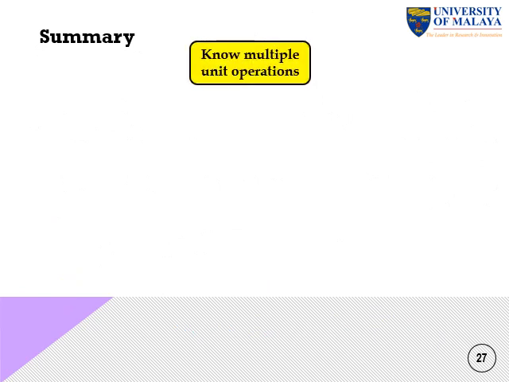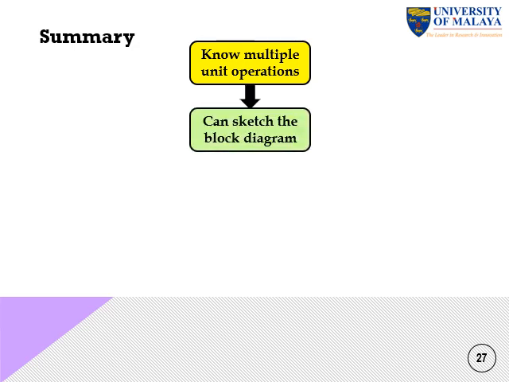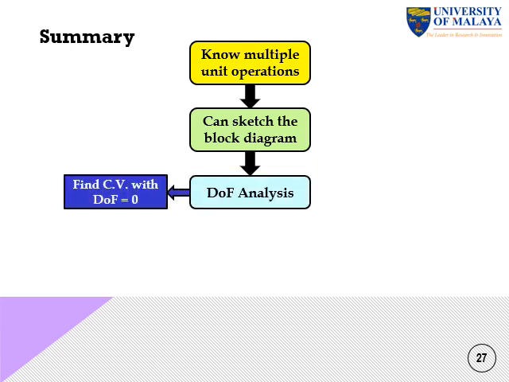Okay, so in summary, you should know multiple unit operations. You should be able to sketch the block diagram based on the description of the problem. Do a DOF analysis. There are two approaches to DOF analysis. One is to find a control volume with DOF equal to 0 and start with that control volume to find some information and only then proceed to the other control volumes.